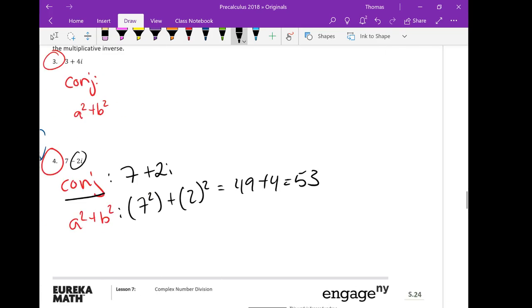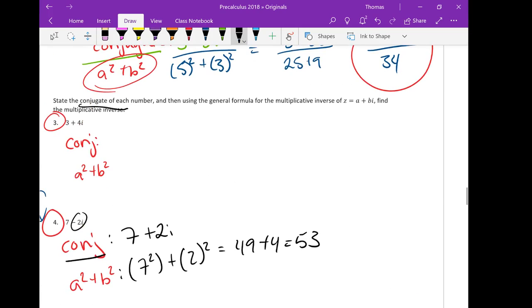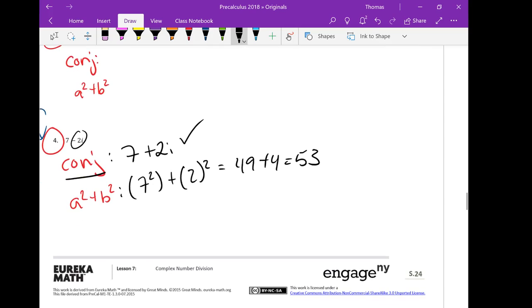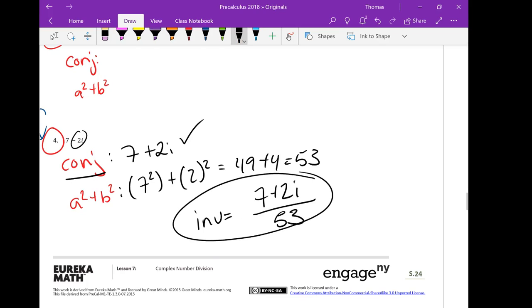So our inverse, the steps in this problem were to state the conjugate. So there's our conjugate, check, and then use the general formula, that's back from our notes, to find the multiplicative inverse. So our inverse will be the conjugate, 7 plus 2i, inverse equals 7 plus 2i divided by 53. So that would be that one.